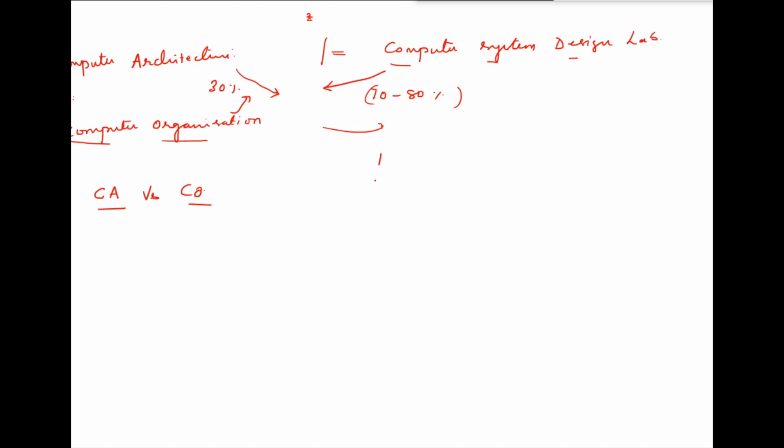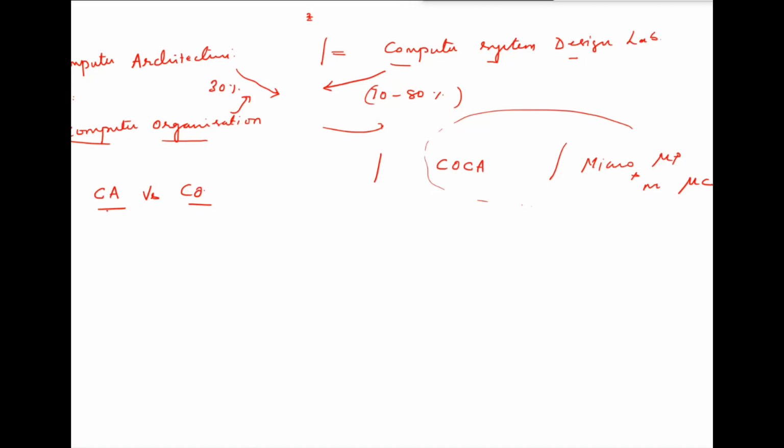Previously, in the earlier syllabus, computer organization and computer architecture were a single subject, and they separately read about microprocessor and microcontroller. But in your case, it has been split into two different subjects. Altogether, everything has been combined, and they made it CA and CO.